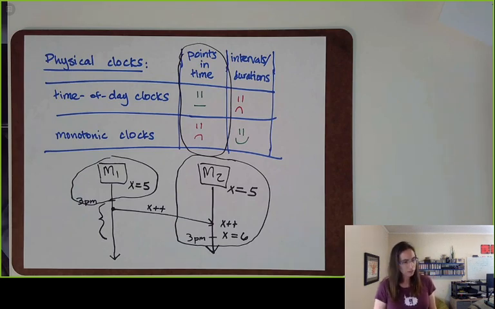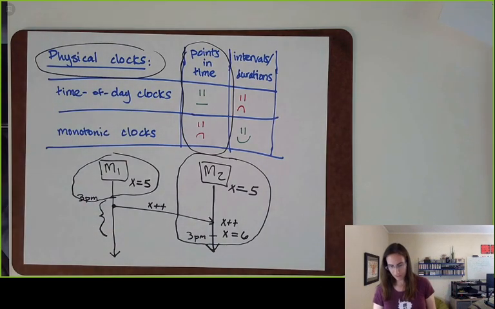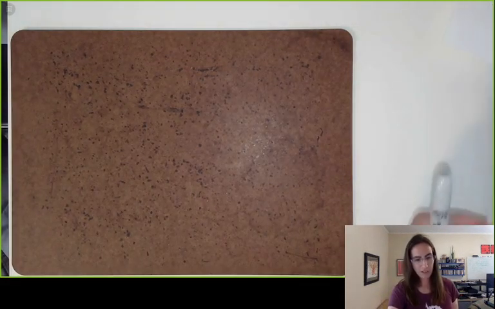So really the issue here is that we're trying to use physical clocks. Both time of day clocks and monotonic clocks are what are known as physical clocks. And in this course, we're going to be talking about how to throw this out and use a radically different notion of a clock called a logical clock. So we're not going to be measuring time of day, and we're not going to be measuring intervals of time either.